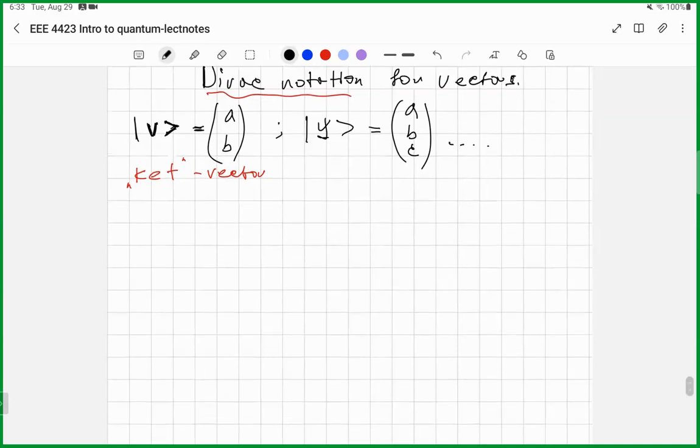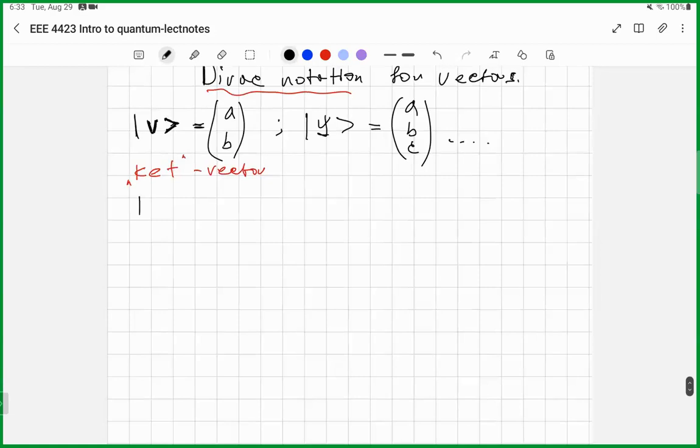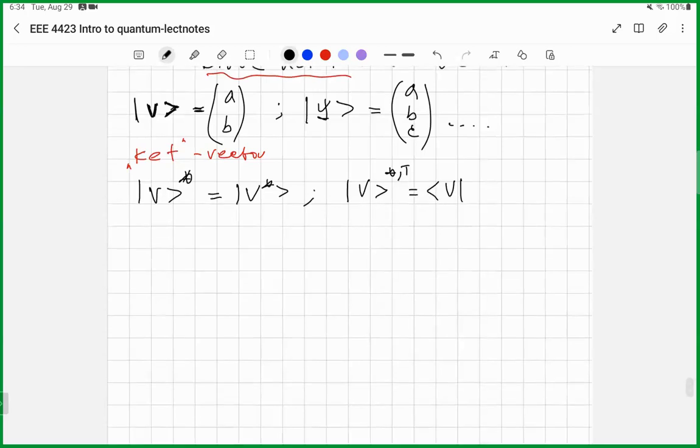The way we do that is, first of all, if we take the complex conjugation of this vector, we just need to complex conjugate the corresponding components of the vector. But if I take the complex conjugation and transpose of the cat vector, I get the counterpart, the bra vector of this vector v.